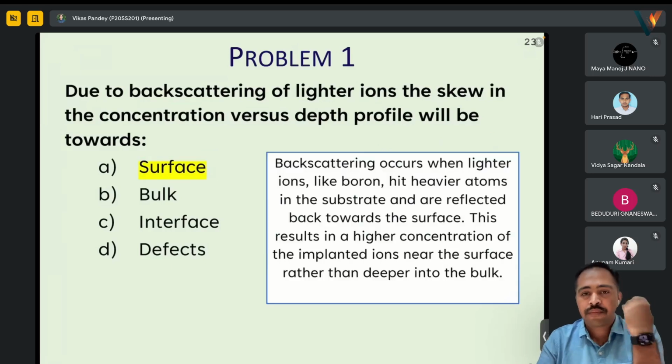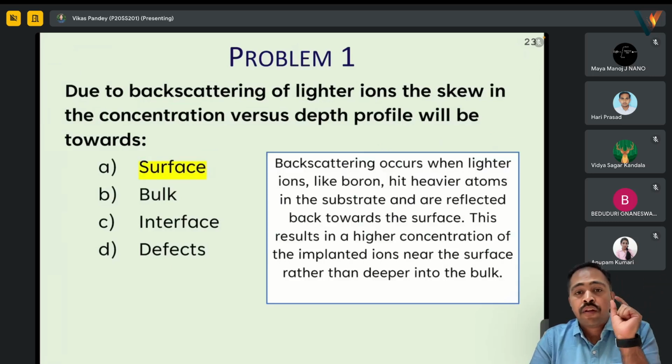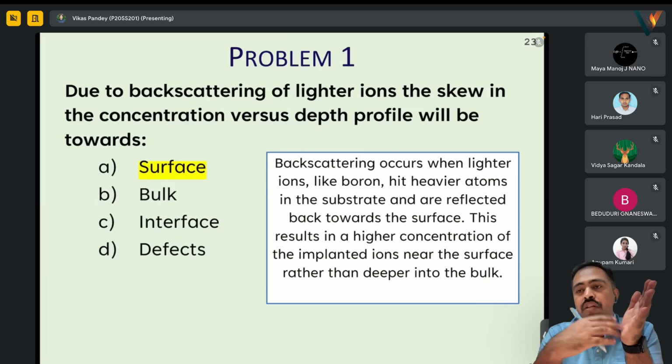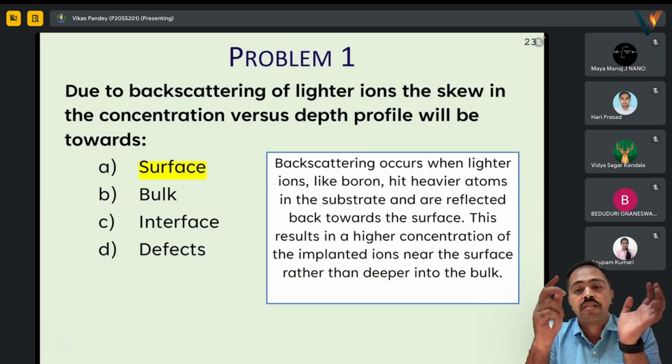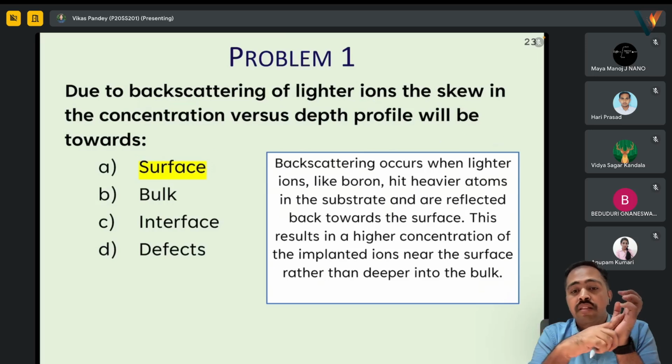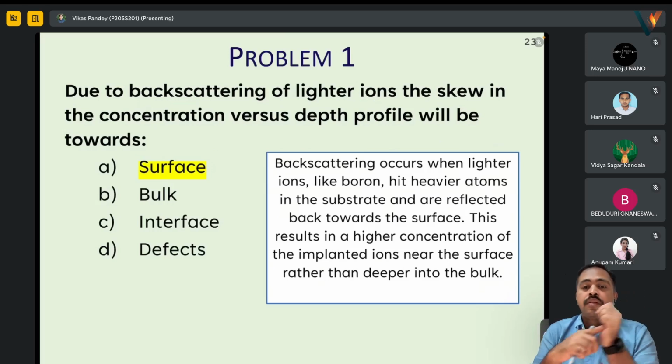It is surface because when lighter atoms like boron hit heavier atoms in the substrate, that is silicon, they are reflected back towards the surface. This results in higher concentration of implanted ions near the surface. So the profile is not what we expect at the surface.